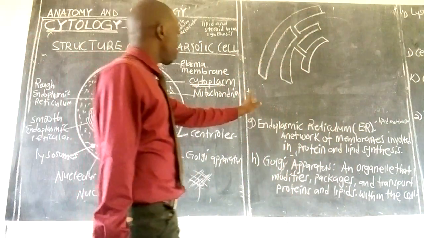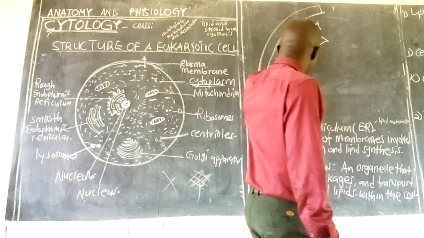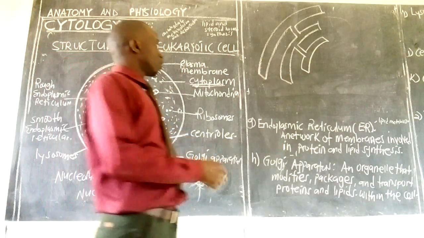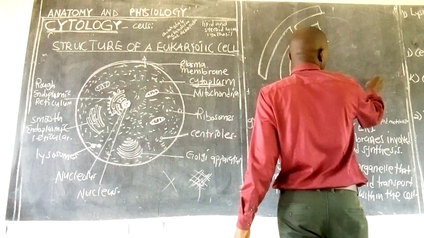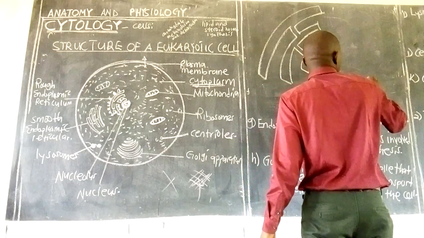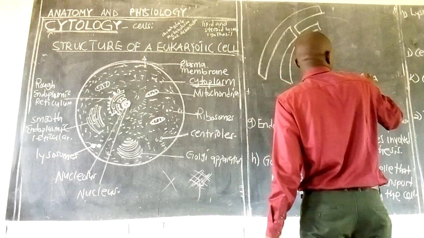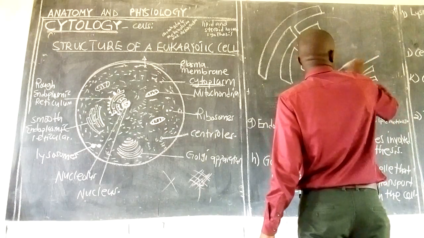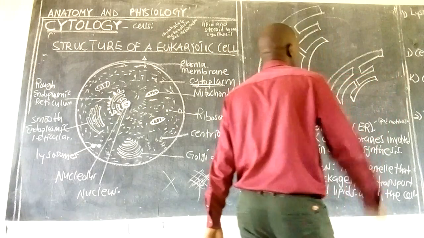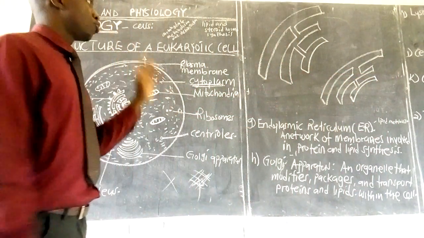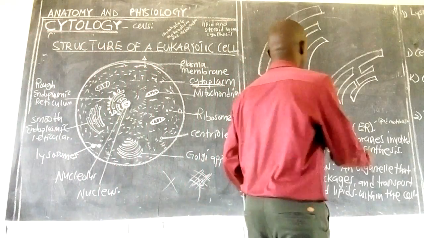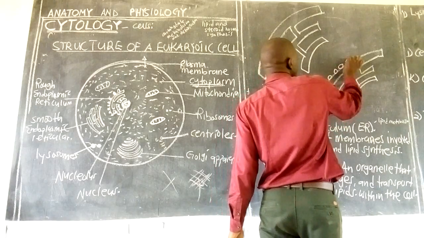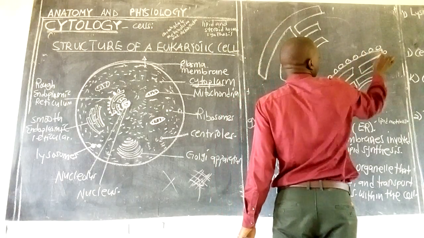So when it is without ribosomes attached to it, let me draw them so that you can compare very well. This is another structure of endoplasmic reticulum. So we have two endoplasmic reticulum. So to this endoplasmic reticulum, we shall attach ribosomes along it.